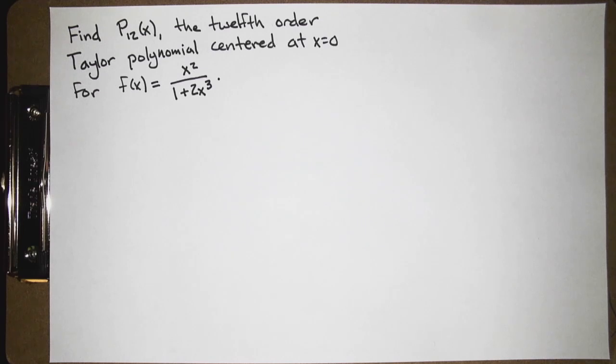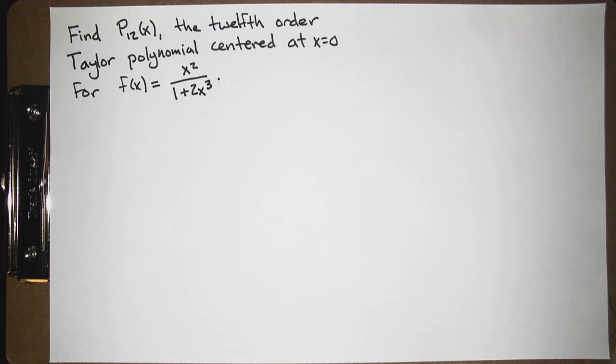So you'd have to take all the derivatives up through the 12th derivative. What would you have to do with those derivatives? Set up, plug in our formula. Well, you have to plug in at the point you're centered at. And those help you find your coefficients, and you put it all together, and you get your answer.